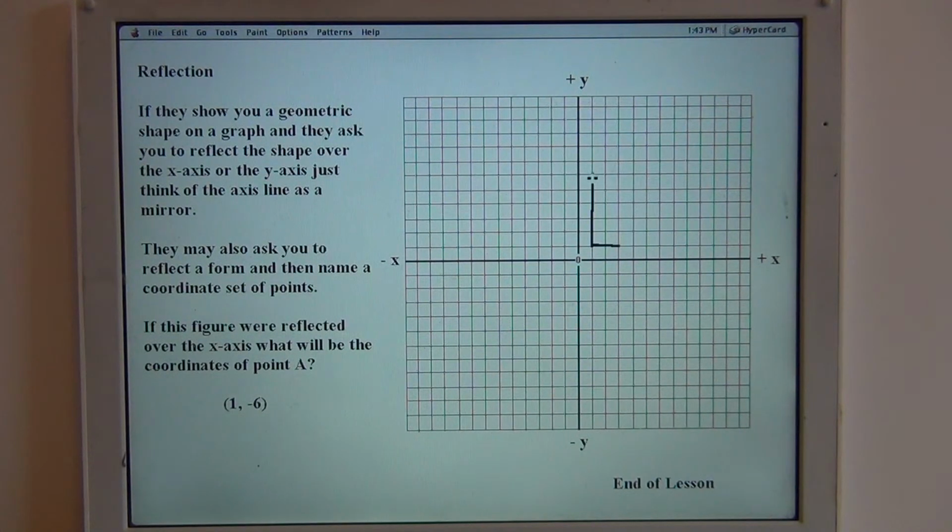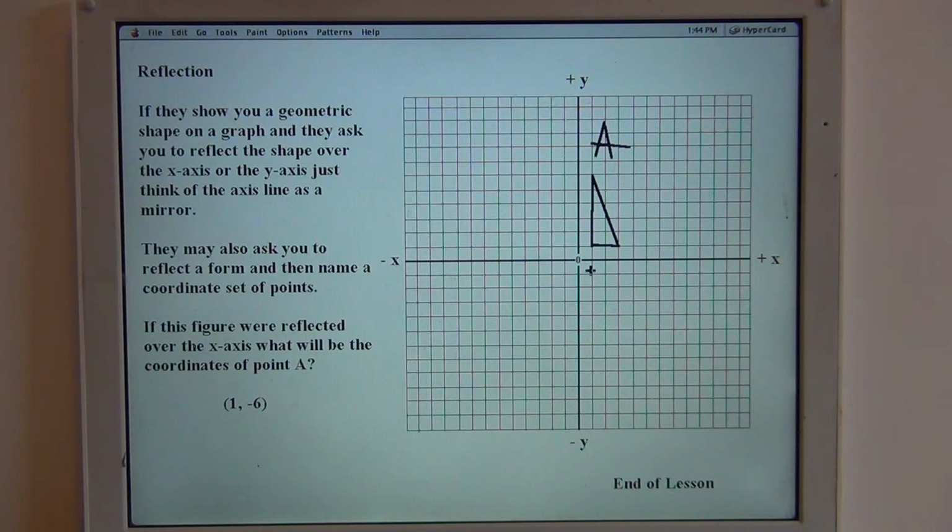Okay, so they're going to give you something like this, and they're going to say, what are the coordinates of point A, which would be this point right here? What are the coordinates of point A if this figure were reflected over the x-axis?